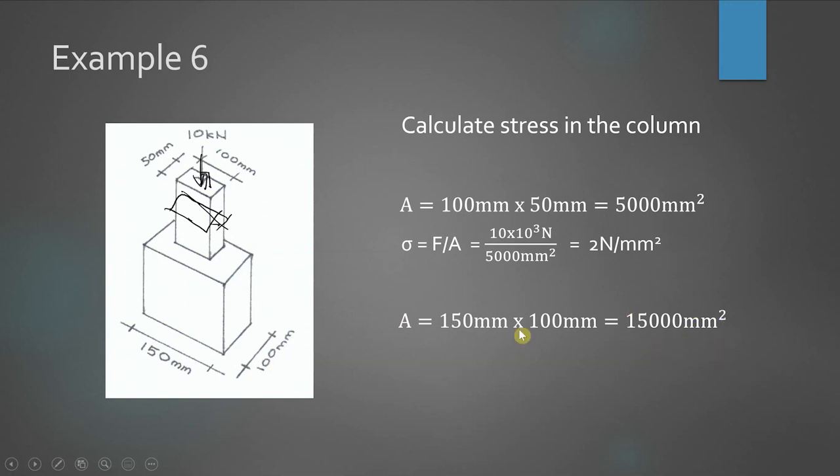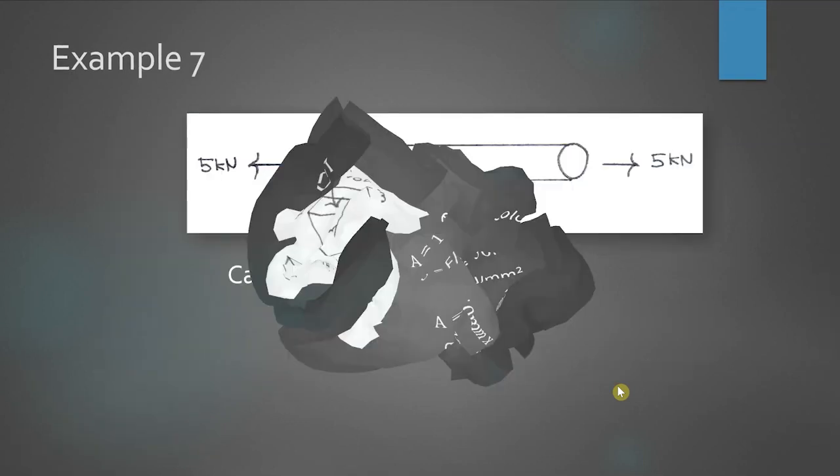Then take the 100 times 10 power of 3 Newtons, converted into Newton, and divide with the area. For the second column below, it is 0.667 Newton over mm square. So that is for example 6.